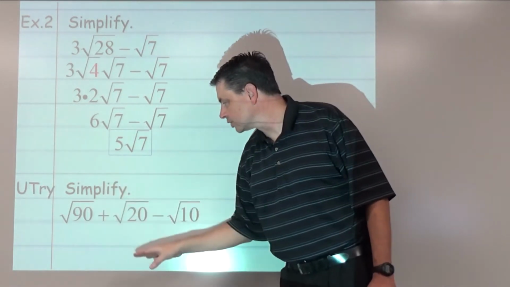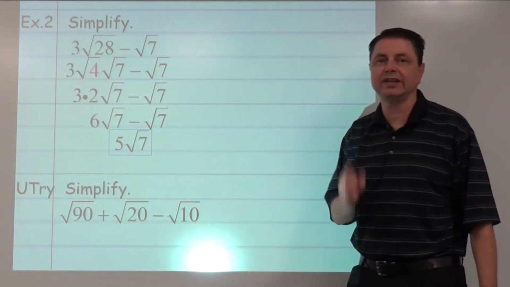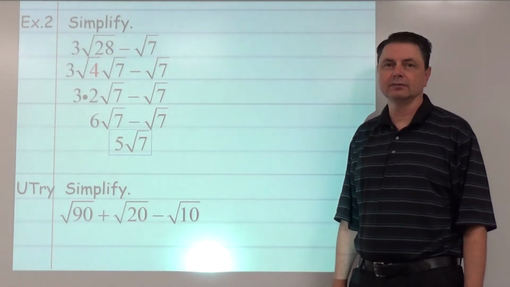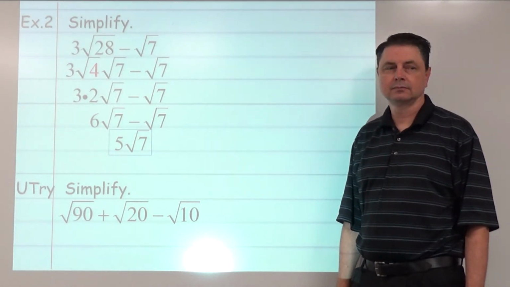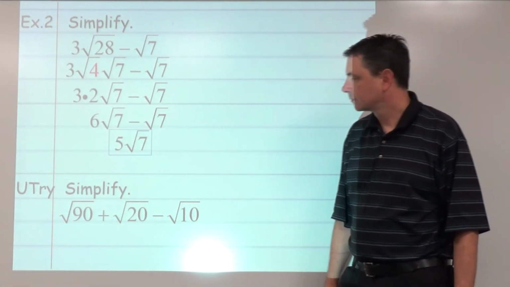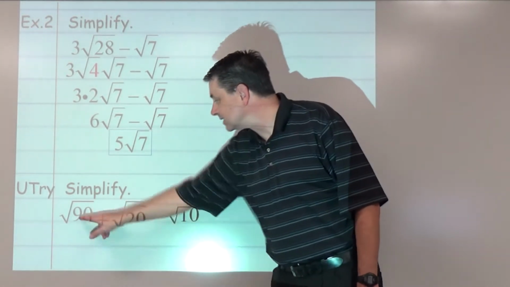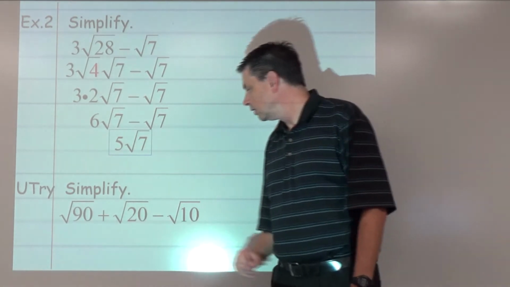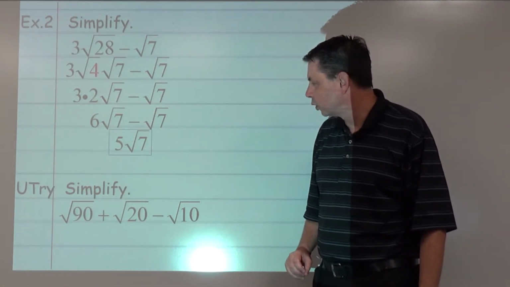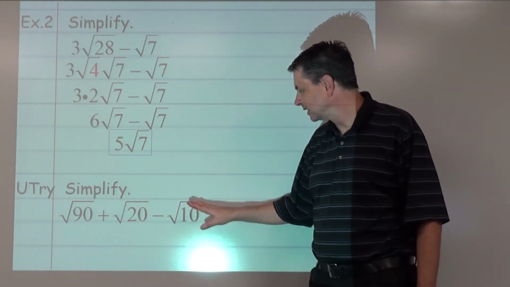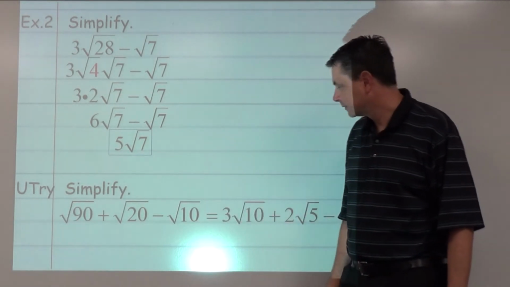All right, go ahead and try this one. Pause the video here until you're ready. All right, we got 9 times 10 here, 4 times 5 here. I don't think we can do anything with that one.